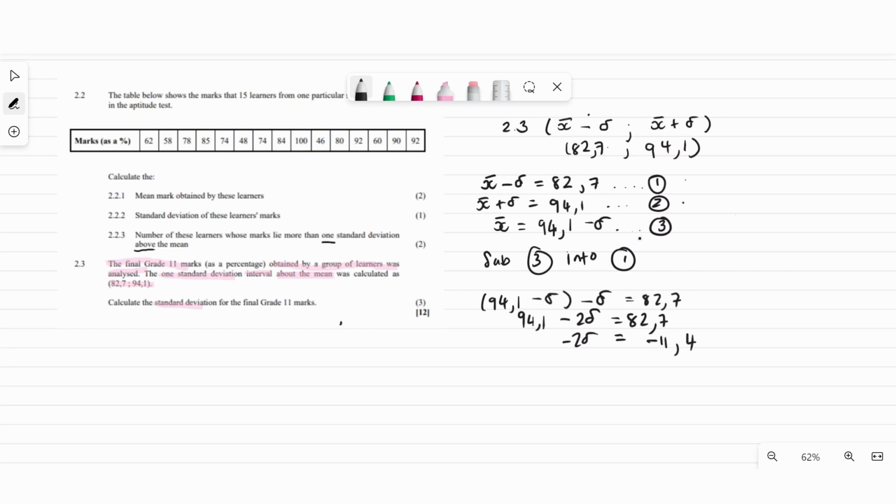Then divide both sides by negative 2. So the standard deviation is equal to negative 11.4 divided by negative 2, which is what they wanted, equal to 5.7. And therefore your answer is standard deviation equals 5.7.